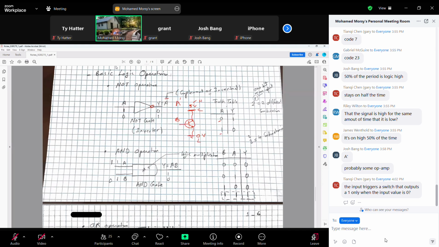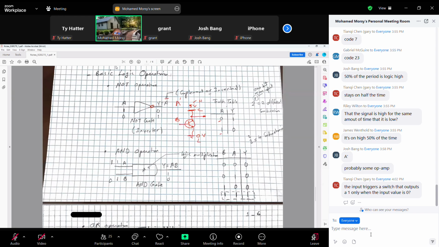We mentioned this transistor works as a switch in digital. We take the output from here, and the input is applied here.